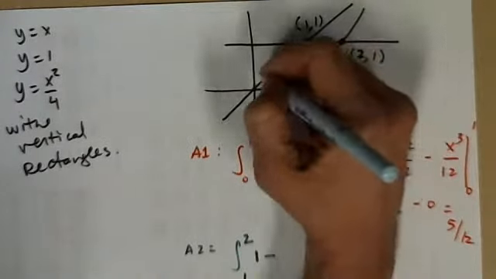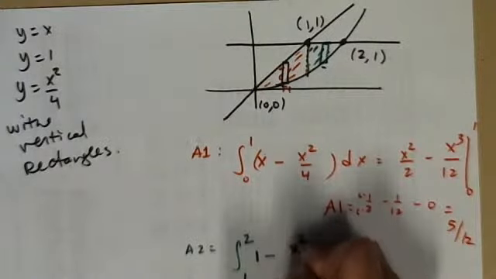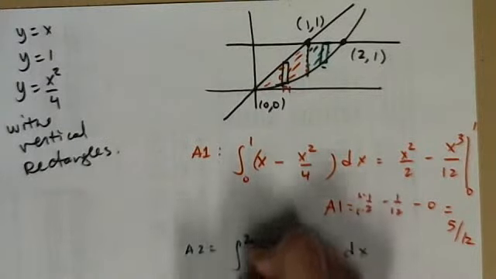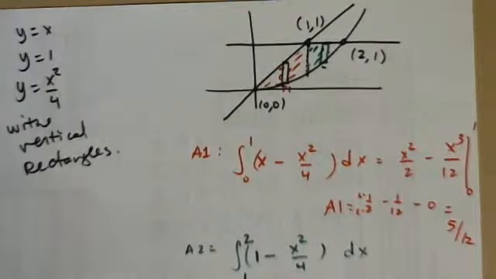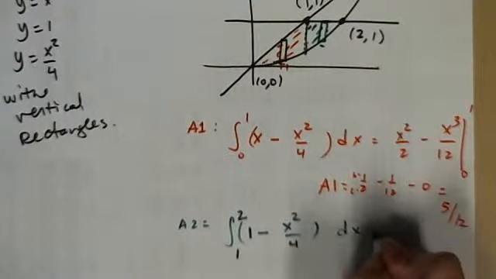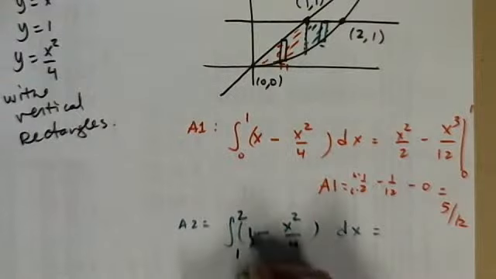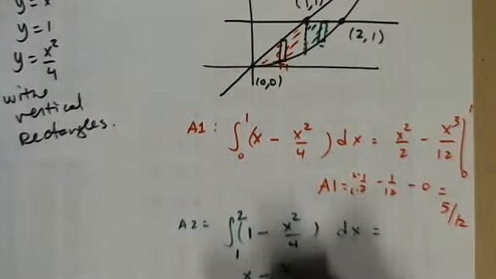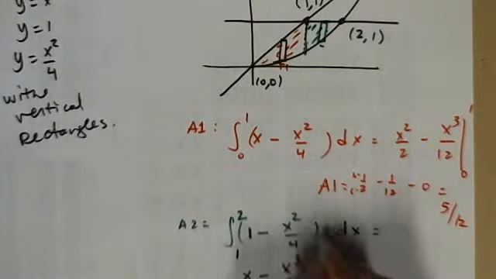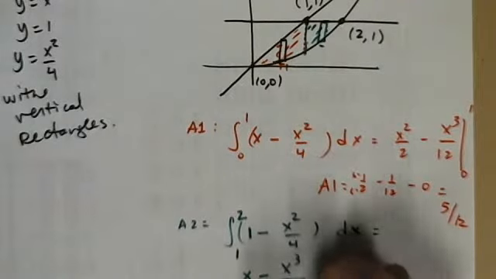The lower y value is x squared over 4. Integrating using the power rule: integrate 1, you get x, minus x cubed over 12, make sure you get a 12 down there, between 1 and 2.